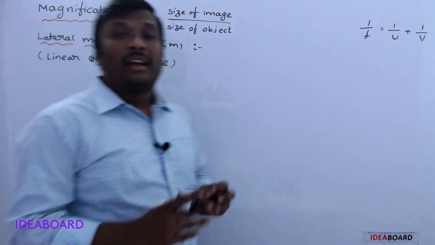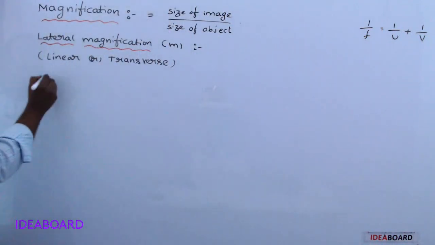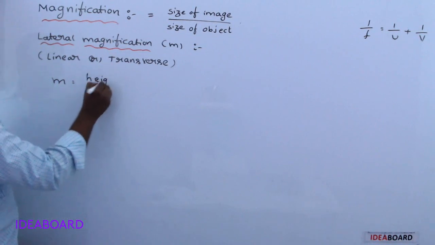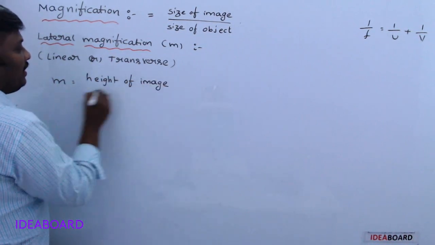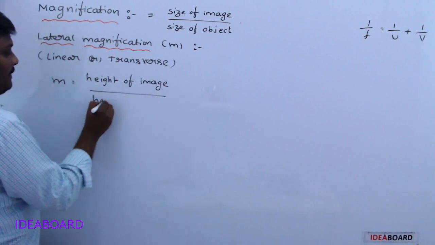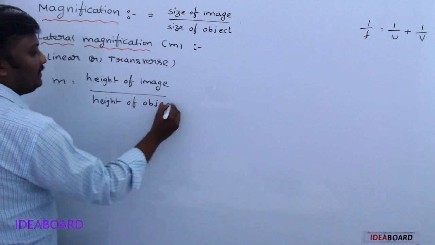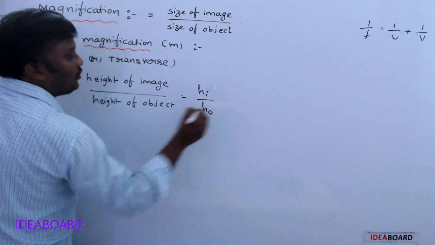The formula for the lateral magnification is height of the image by height of the object, that is hi by ho.